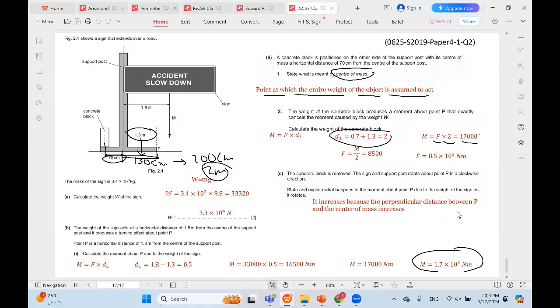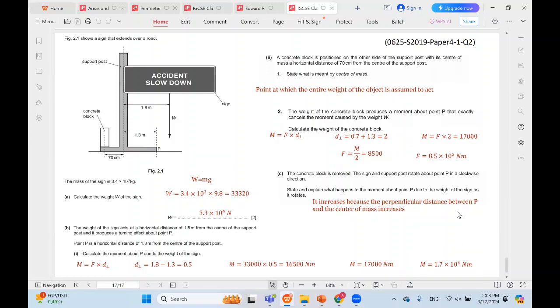So therefore, we know that the moment must equal 17,000, and we want to get the force or the weight. So we solve for F in this equation. We have F times 2 equals 17,000. We divide 17,000 by 2, and we get 8,500 or 8.5 times 10 to the power of 3.